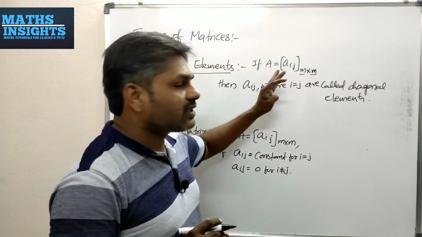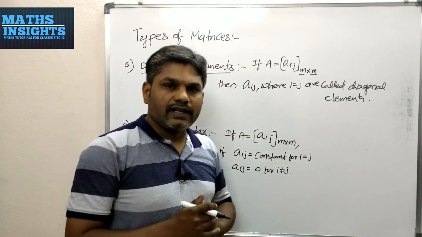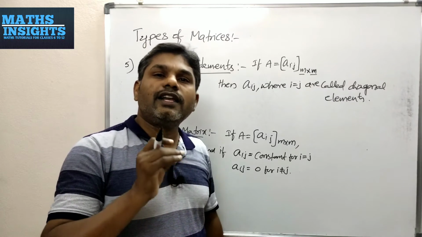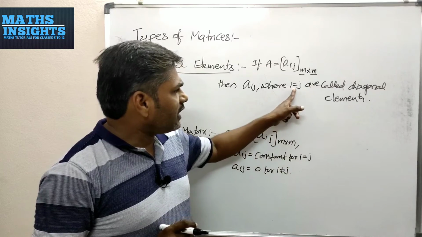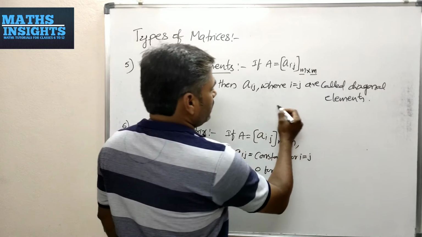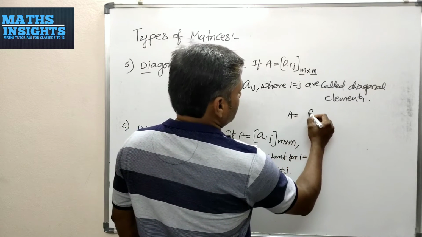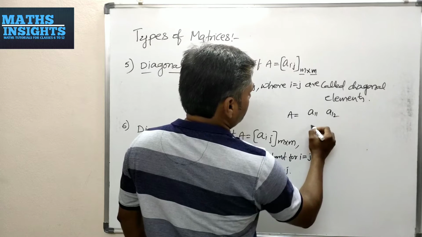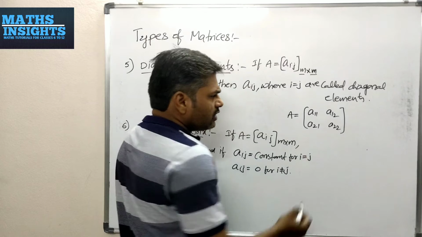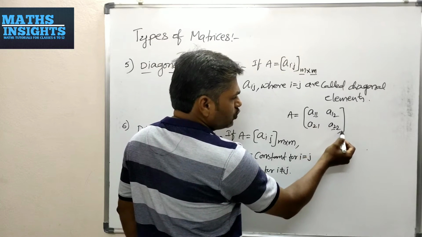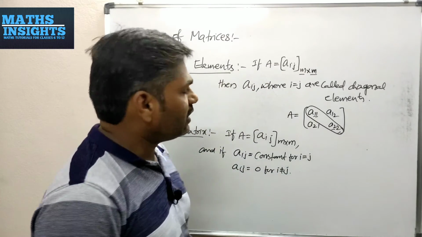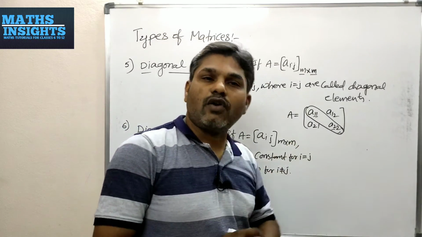In any square matrix, the elements Aij are called the elements of the diagonal when i is equals to j. If I take an example, suppose A11, A12, A21, A22. See, i is equals to j means you have here 1, 1 and 2, 2. So these elements are called elements of the diagonal. That is called the principal diagonal also.